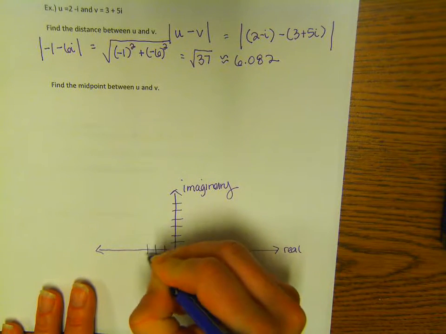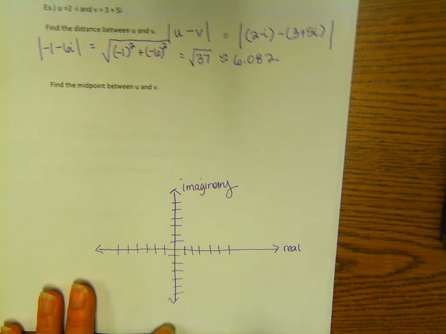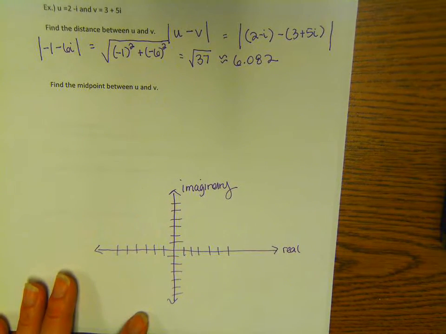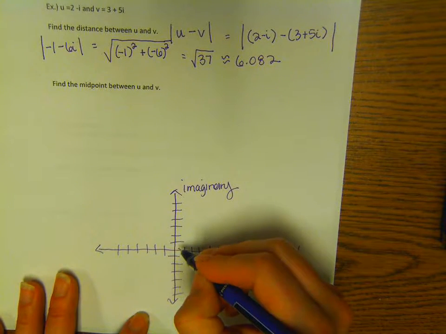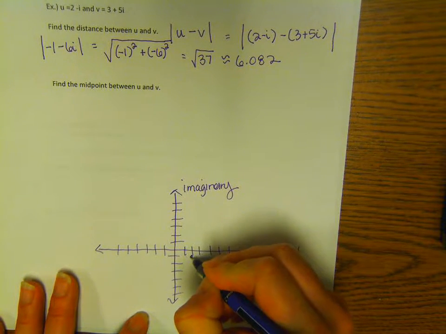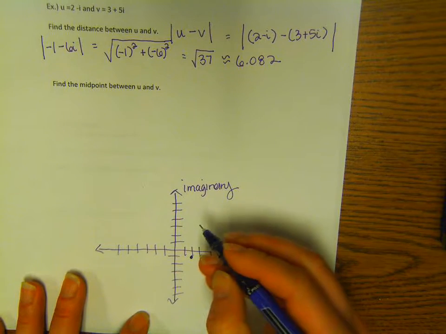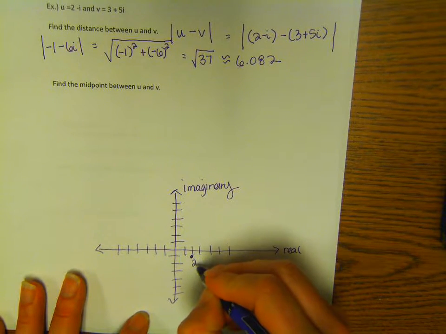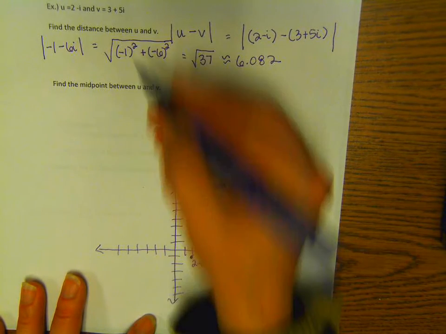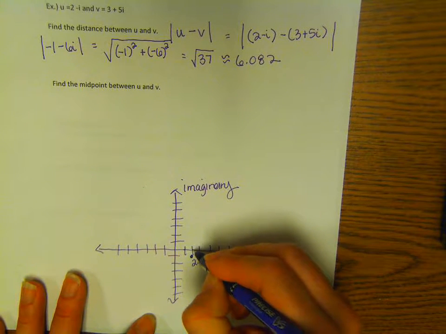So u I would do over 2, down 1. And then v would be over 3, up 5.